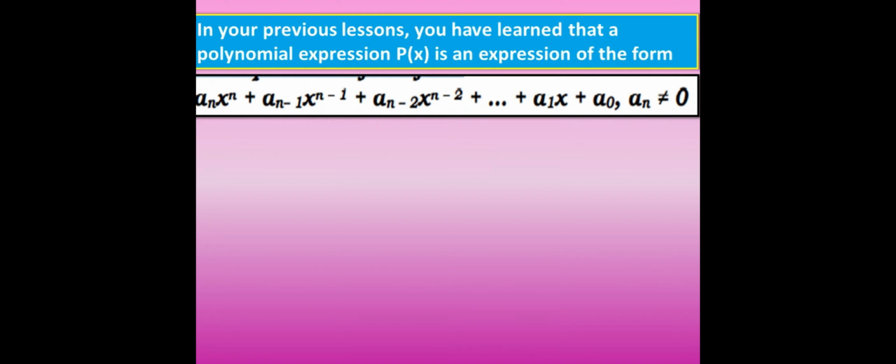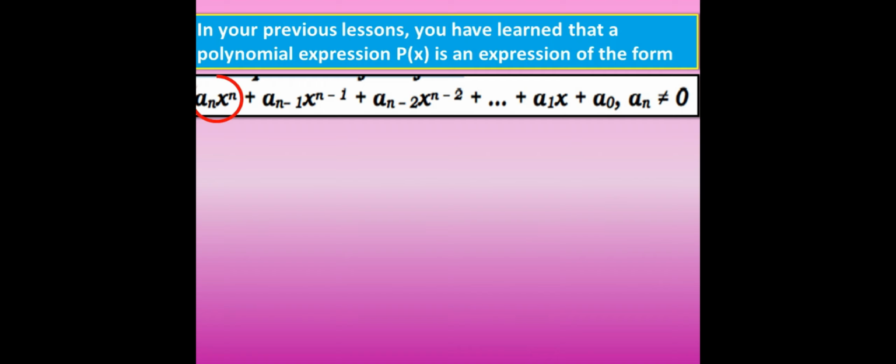In your previous lessons, you have learned that a polynomial expression P of x is an expression of the form a sub n x to the n plus a sub n minus 1 times x to the n minus 1 plus a sub n minus 2 times x to the n minus 2, and so on, up to a sub 0, where a sub n is not equal to 0.